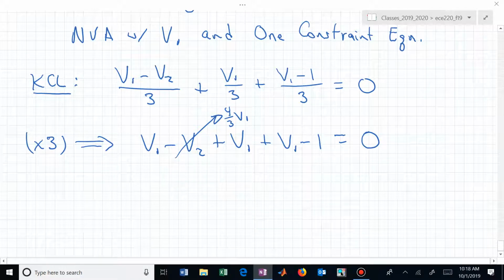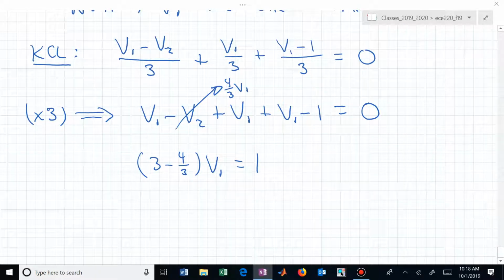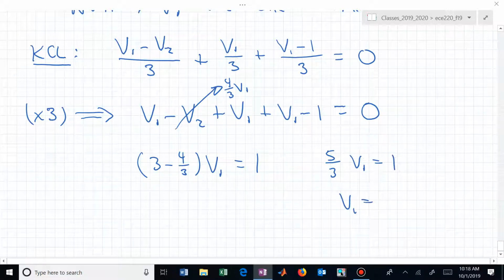Now we have an equation that has all these V1s and a constant. We can put that on the other side. So we have 3 minus 4/3 V1 is equal to 1. Or that's now 5/3. Or V1 is now 0.6 volts.